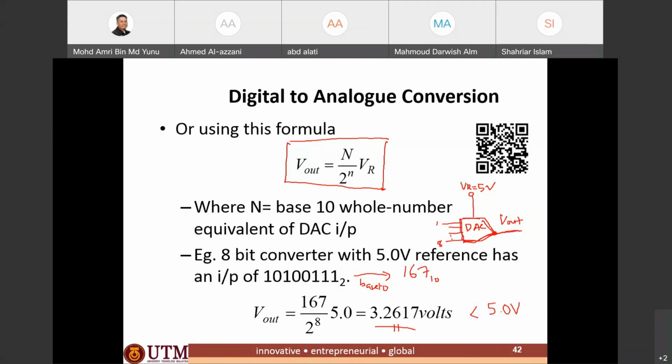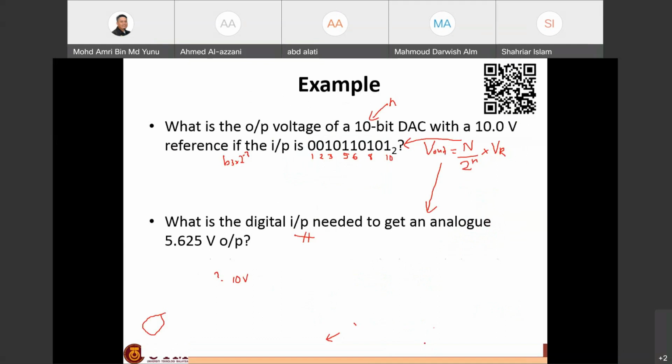When we apply the conversion, we get the decimal value 167, divided by 2 to the power of 8, multiplied by 5, and we get 3.2617.